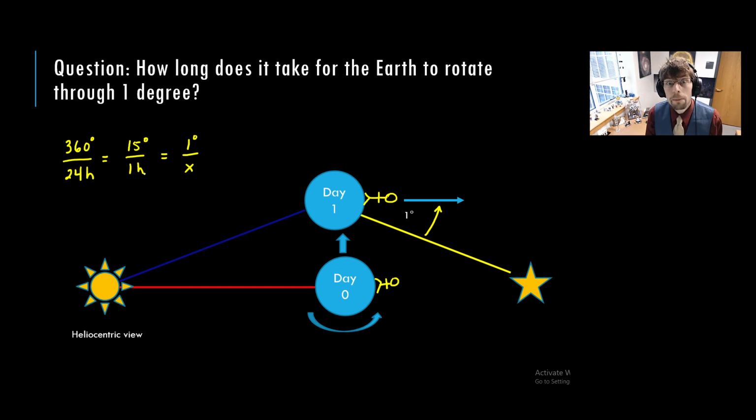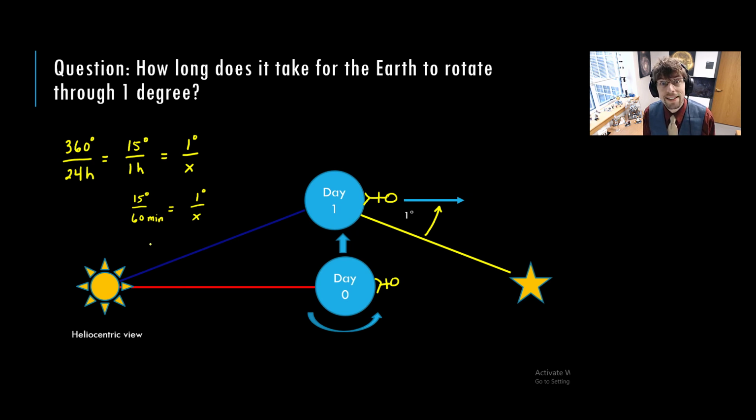Now, I'll admit that it's a little harder to do this in your head if you're thinking about hours. Let's think about minutes. So that's 15 degrees in 60 minutes. How long is that to take 1 degree? X. And now we see, okay, well, if we just flip everything, we get 60 divided by 15.